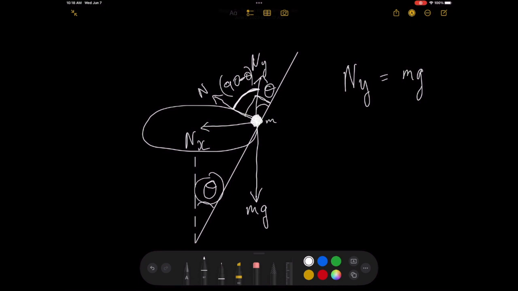And so this angle adds up to 90 degrees, so 90 minus (90 minus theta) is just theta. And so this angle here is theta.